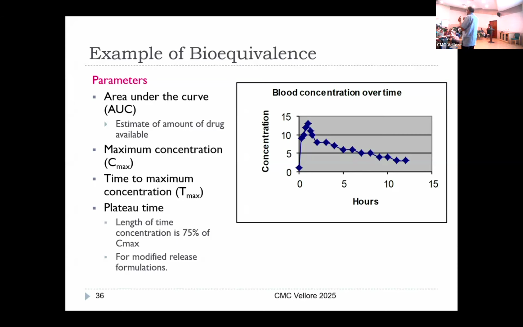They're not showing that one is better or worse than the other. They're showing that they're similar in these properties. They're not about the clinical condition of the patient. They are characteristics of the drug itself. So we call this bioequivalence.